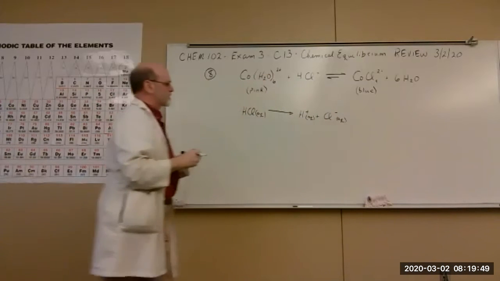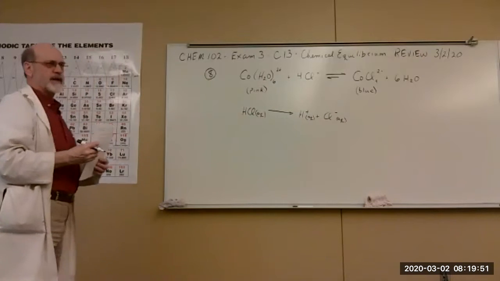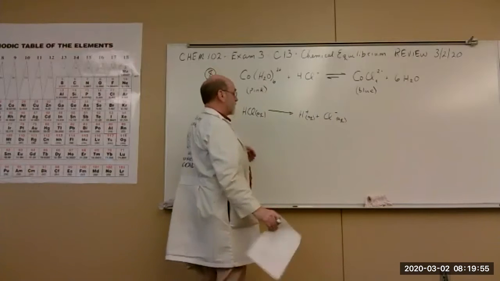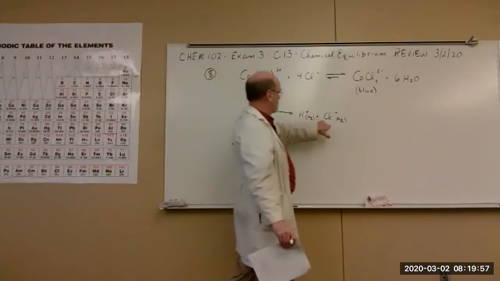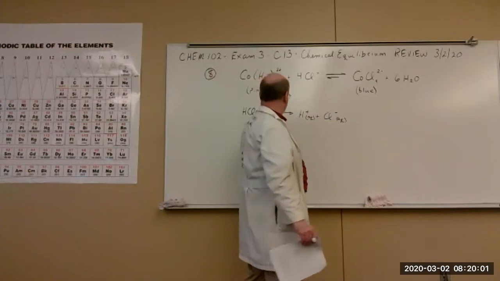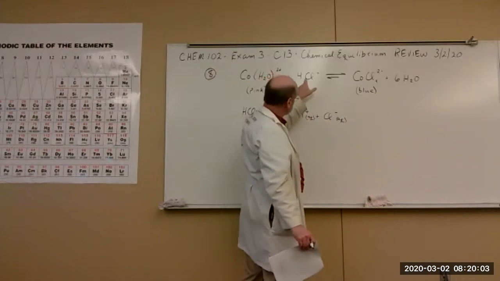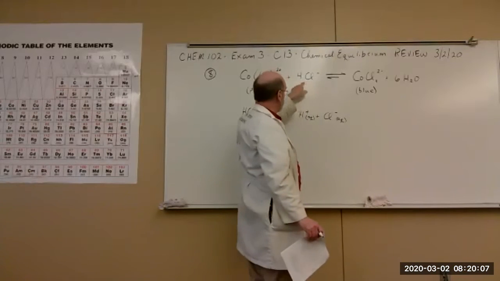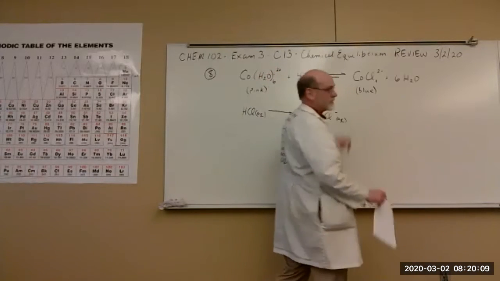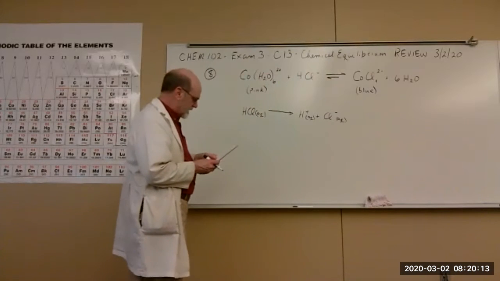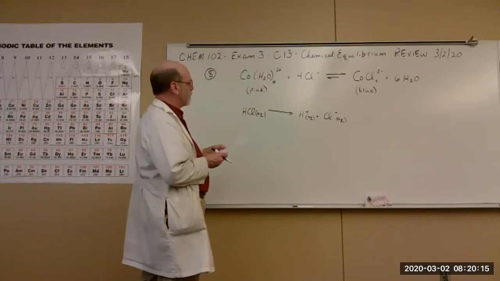So what we're talking about here is the common ion effect. What ion do they have in common? Chloride. So when we add chloride, we're increasing this. That should drive the system to the right, and it should become more blue.